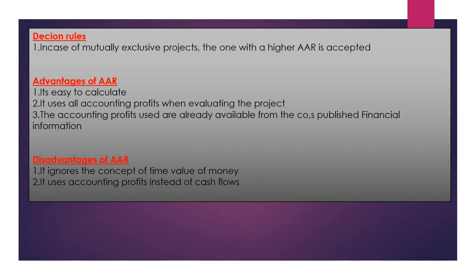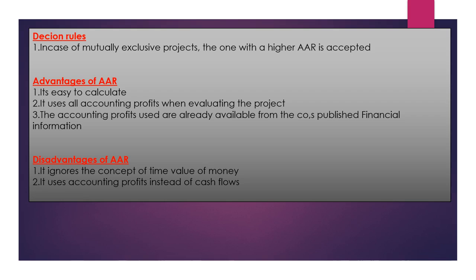In case of mutually exclusive projects, the one with a higher accounting rate of return is accepted. Remember, mutually exclusive projects are projects that compete against each other. So if you have two projects that compete against each other, when using the accounting rate of return, you will pick the project with the higher accounting rate of return.